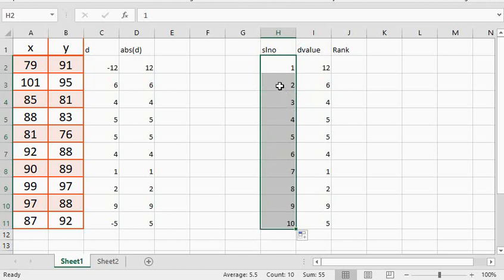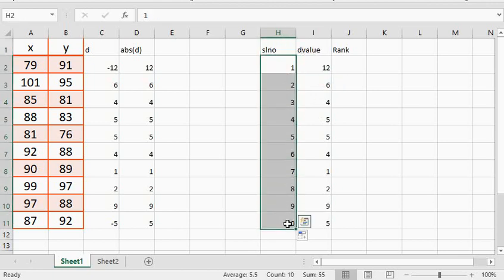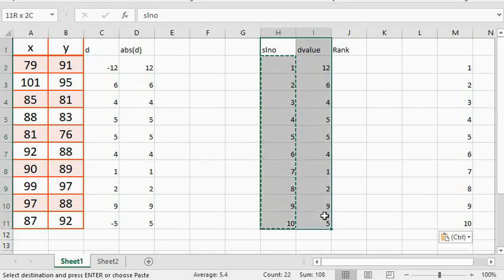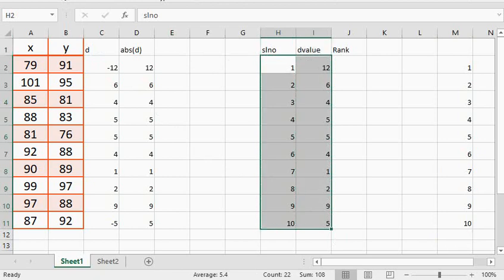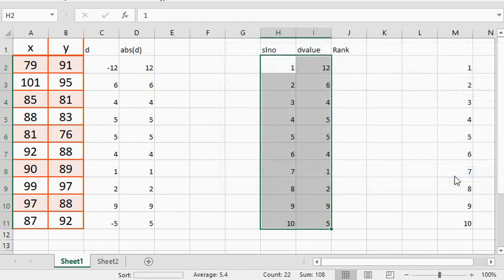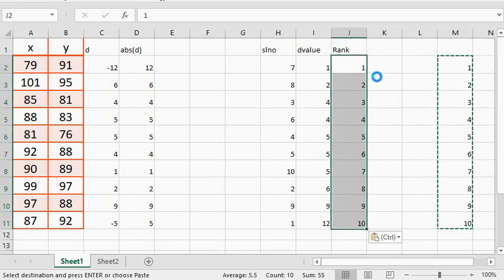I order them in ascending order of magnitude, smallest to largest, and then the ranks 1 to 10 are given here.